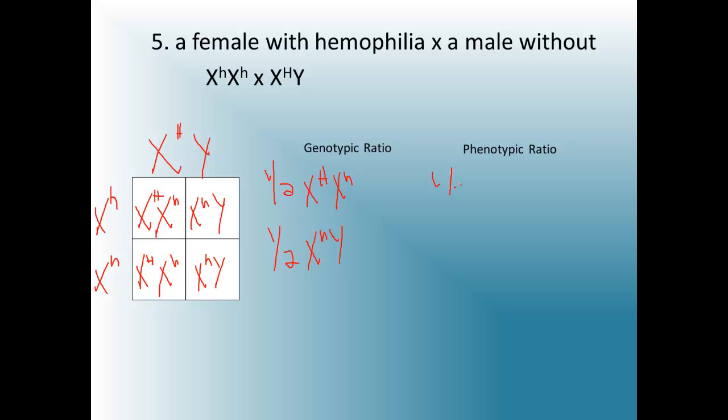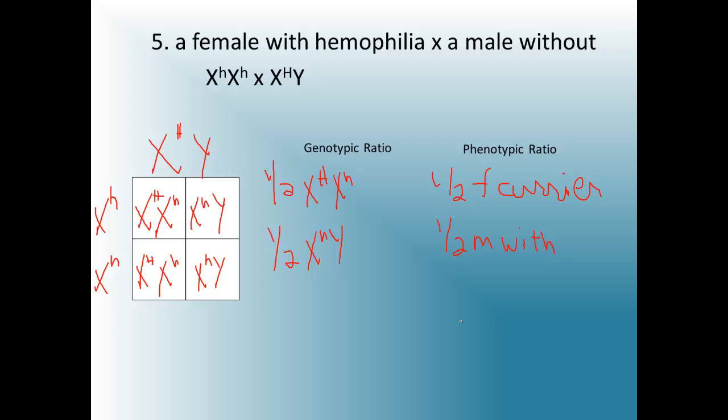Okay, then I do my phenotypic. So in this case, what I have is a 1/2 chance of a female carrier, and a 1/2 chance of a male with hemophilia.